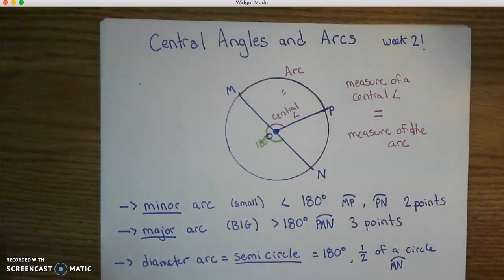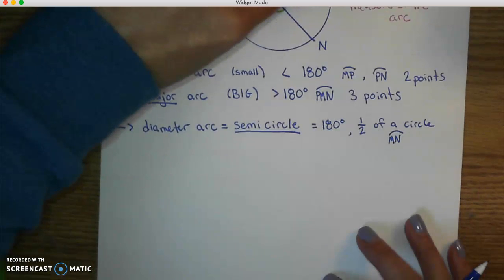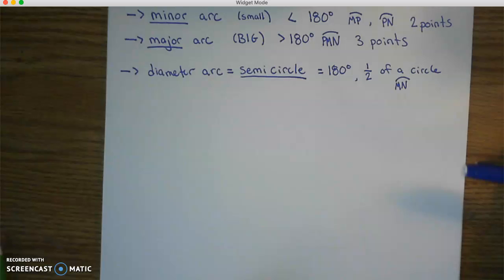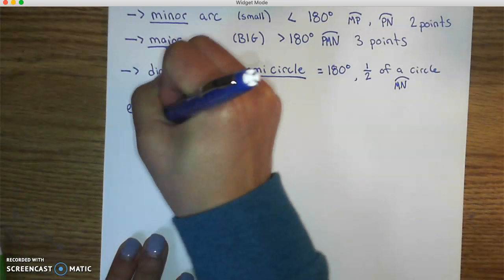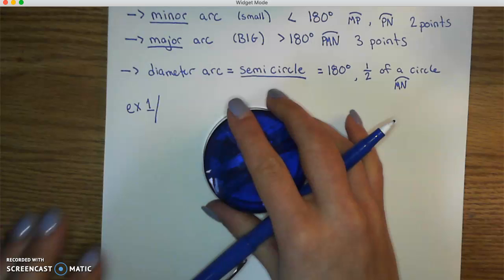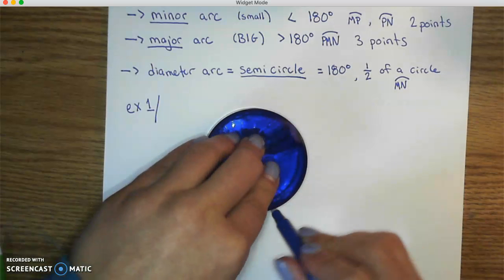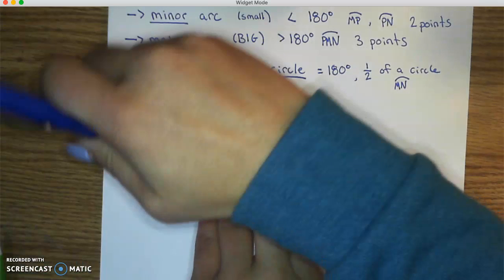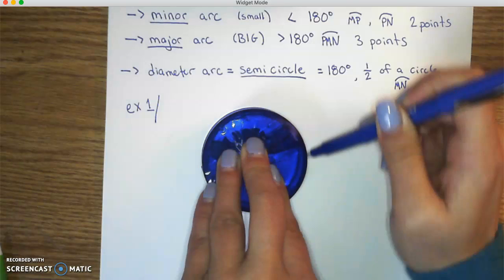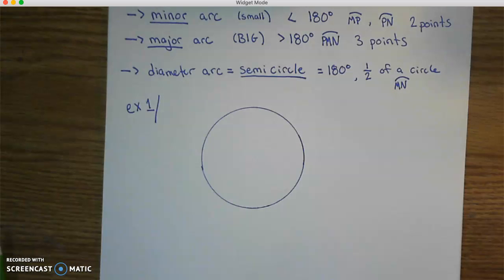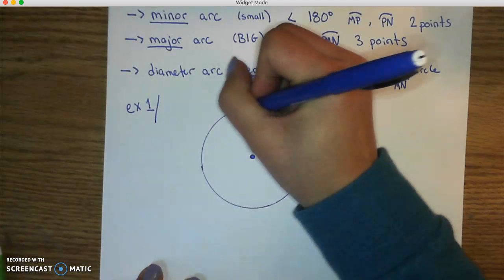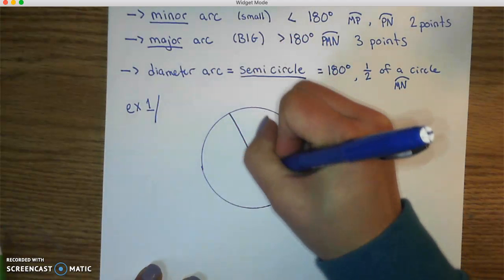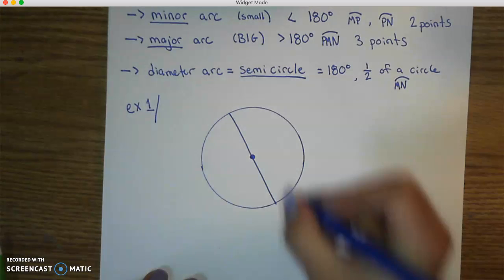So let me move this up and draw a nice circle. So much better than the circles on the board. We'll find the center. I'm gonna draw this line. It looks like a diameter to me.